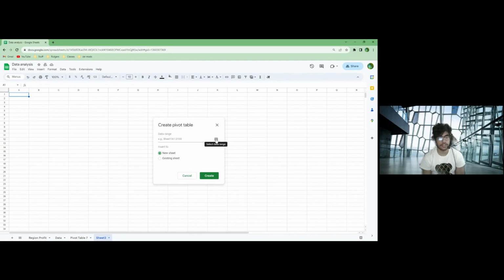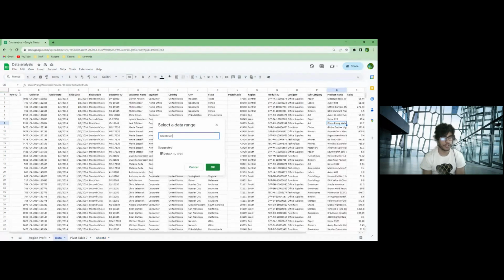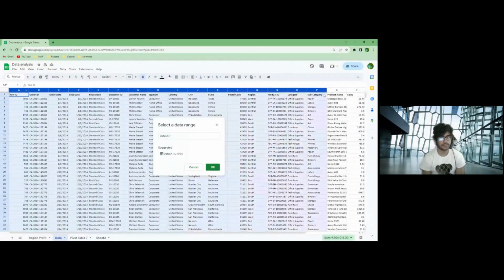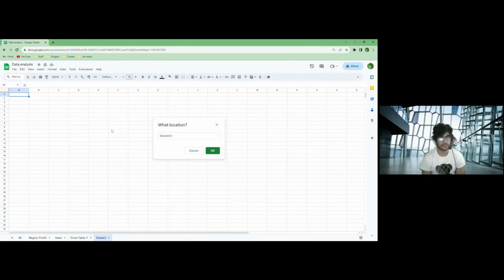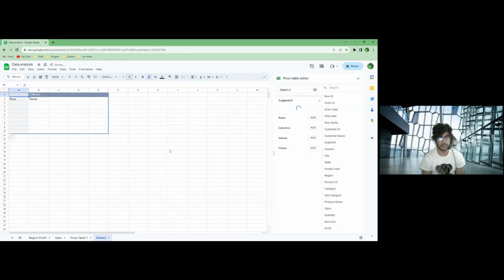And now we're going to select the data range to create a data table from, for which we're going to go back to our data sheet, and let's select all of these rows and put it into an existing sheet, and we'll link it to the new sheet that we just made. And we're going to click Create.